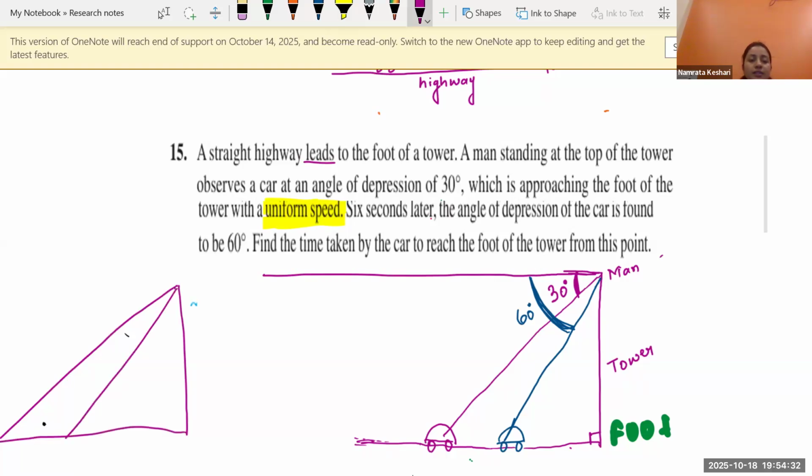This is A, this is B, this is C, this is D. For covering the distance CD, the car has taken 6 seconds, because it says 6 seconds later the angle of depression is 60-degree. Making sense?